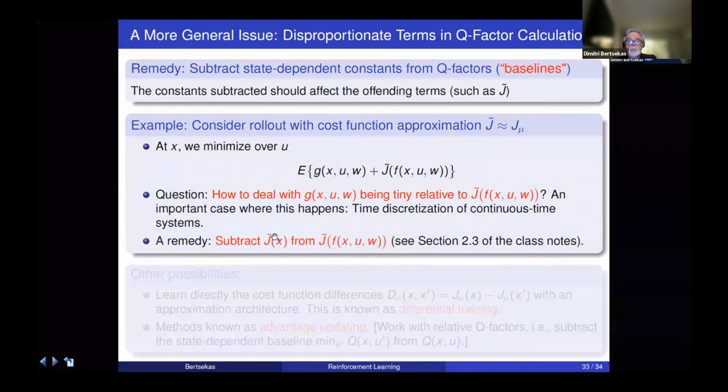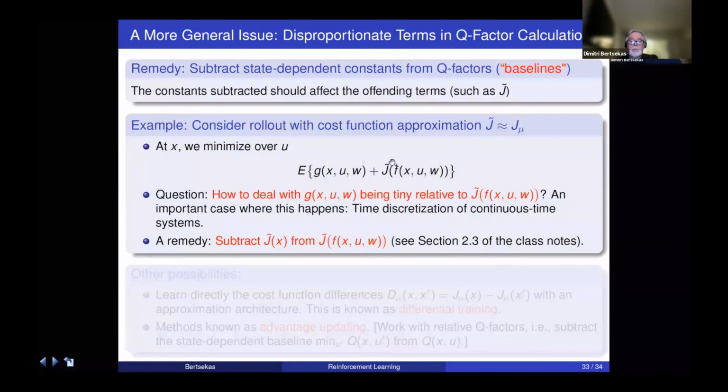Now, one remedy to this, which was also known since the early days of reinforcement learning, particularly on the control theory side of the methodology, is what you do is you subtract J of x from this and you form the difference of future costs to go from X to this state here.